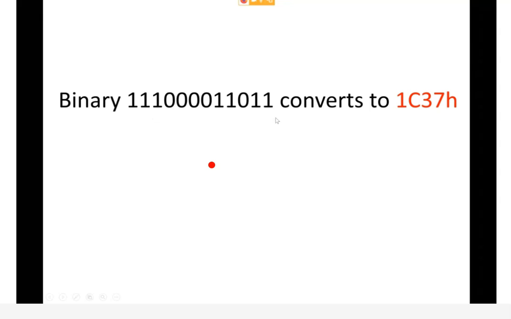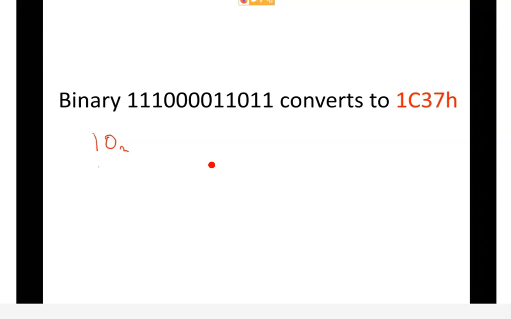So this number here, 1110000111011, converts to 1C37H. You'll also see it written as 1C37 sub 16 if it's a hex number. So just be aware of that. We don't usually write the 10 for decimal numbers, but if you see a little 2, maybe I'll see this as a 10 sub 2, that would be a binary number.